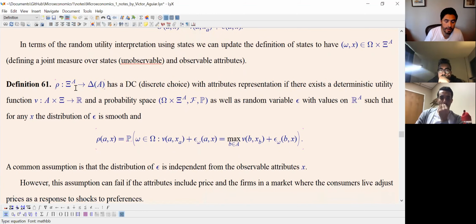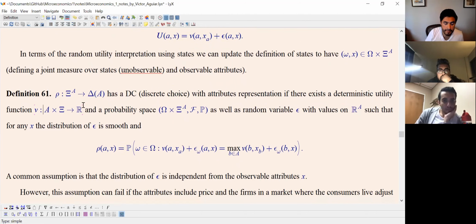So what we have here is that a discrete choice has an attribute representation if there exists a deterministic utility which takes values on the product of item and attributes for the item and goes to the reals. This is the mean utility.